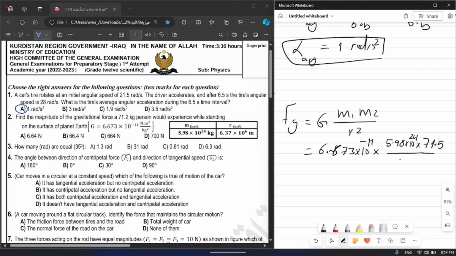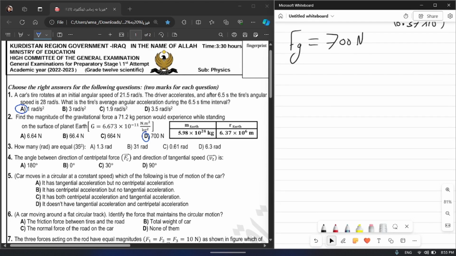The radius is given in the table, which is 6.37 times 10 to the power 6, but don't forget that this is all squared. Once you calculate all this, you get the gravitational force on the person is going to be 700 Newton. So the correct option would be option D.